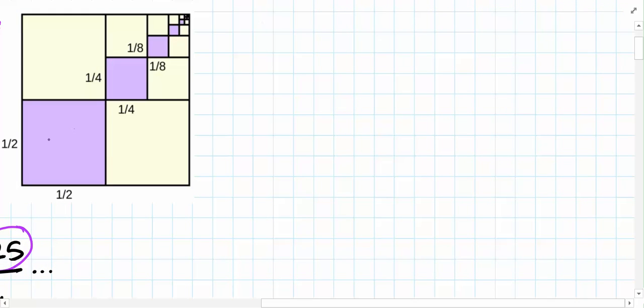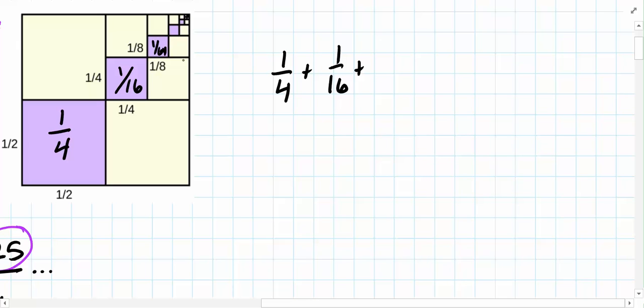So I'm going to add up 1/4 plus, well, how much is this right here? That's 1/16. Plus 1/16 plus, well, how much is this? That's 1/64. Plus all the way until infinity. That's what this means, all the way to infinity.